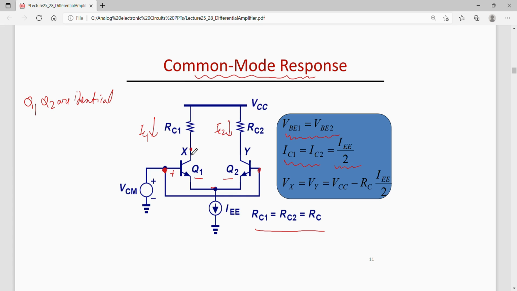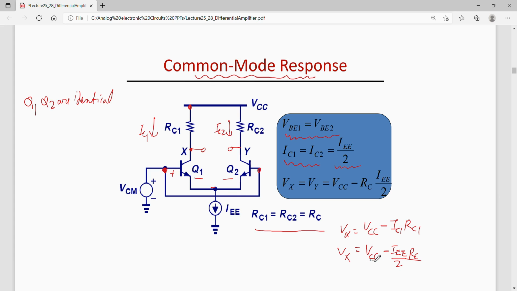Now one can find out Vx and Vy. Vx can be found from here, which would be equal to VCC minus the drop across this, which is IC1 times RC1. So Vx is VCC minus IC1 times RC1. Then IC1 is IEE by 2, and RC1 is equal to RC, which gives Vx equal to this much.